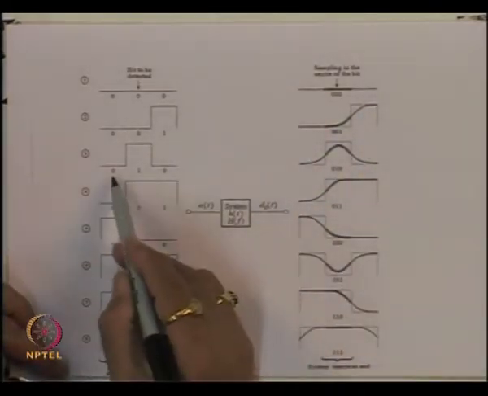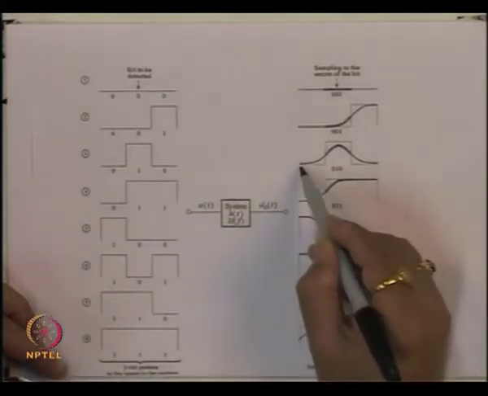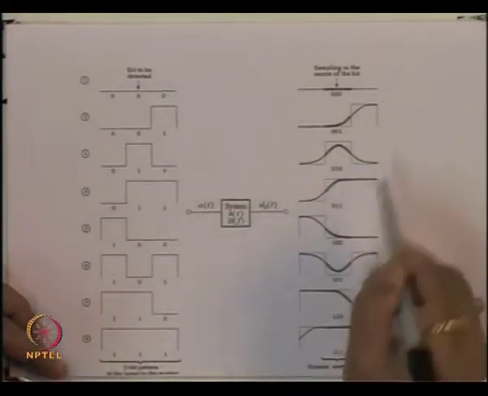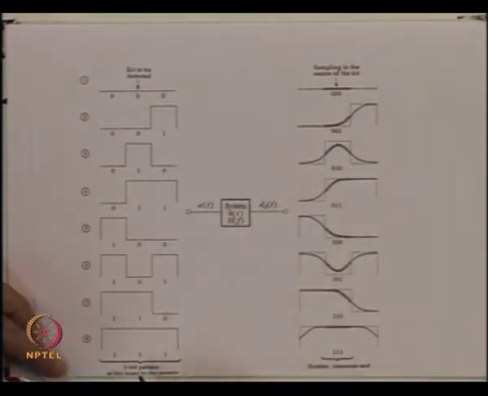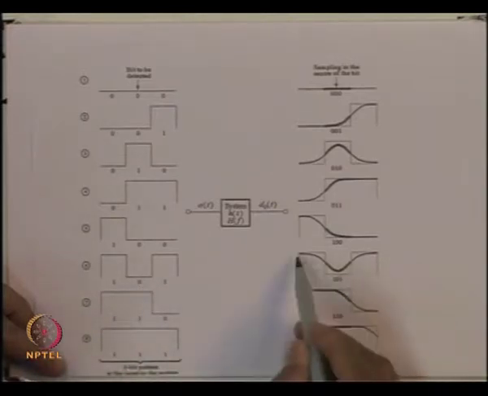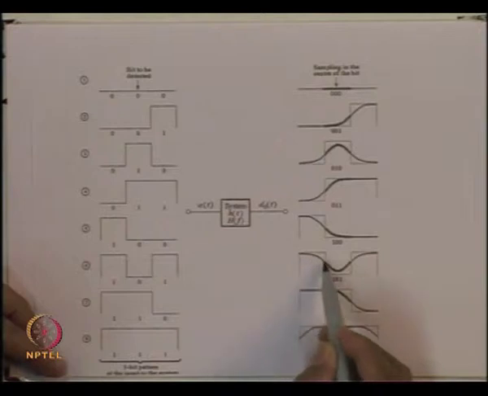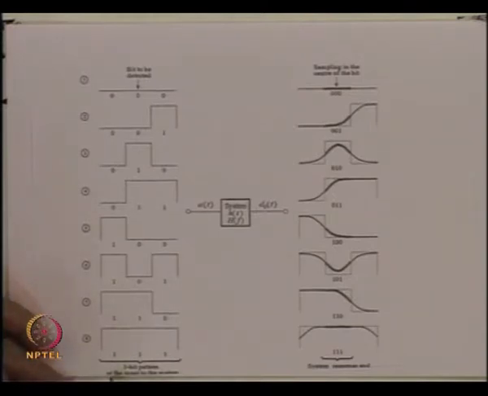If you have a pattern which is 0 1 0, then you will have this edge, then you will have this edge. So, you will get a signal which will look like that. If you are having 1 0 1, then this is 1, this is 1. So, the signal will decrease, but before it reaches 0, again the 1 has come. So, you will get a thing which will look like that. And if you are having the pattern 1 1 1, then it will remain practically flat on the top of this.